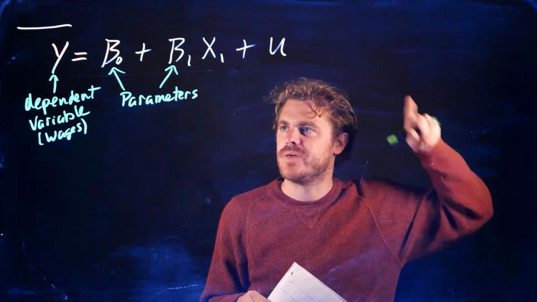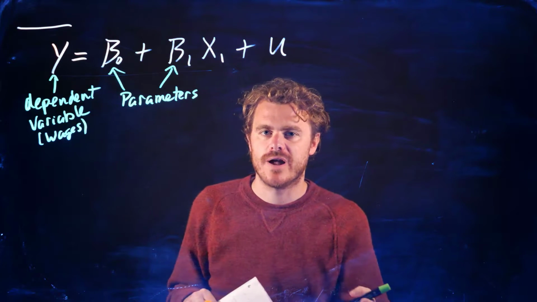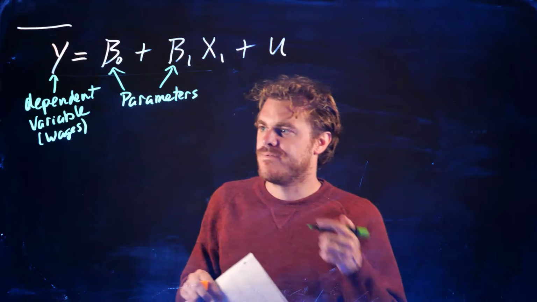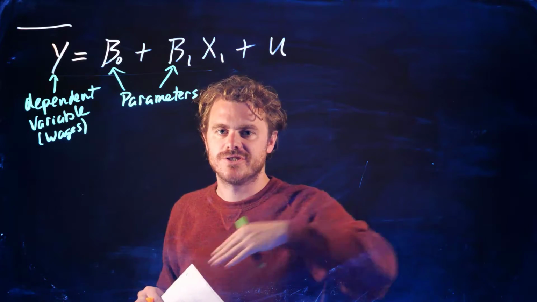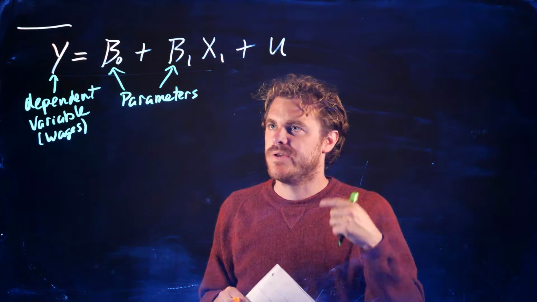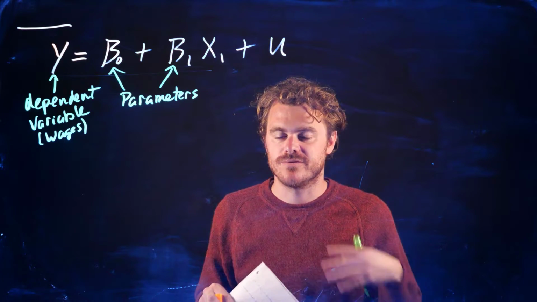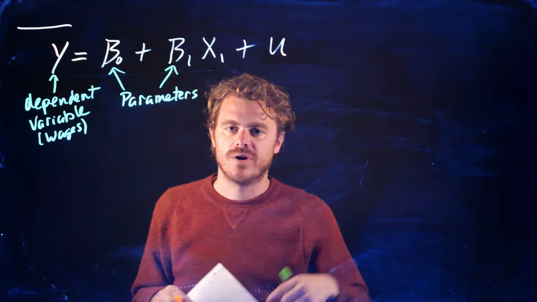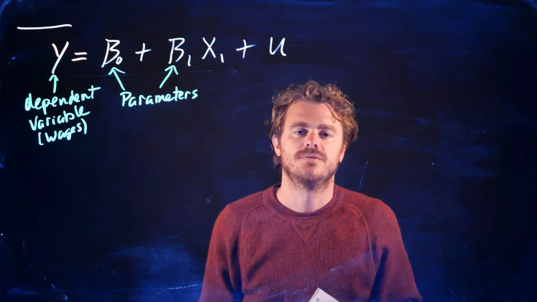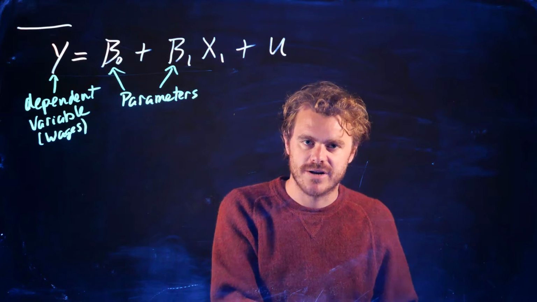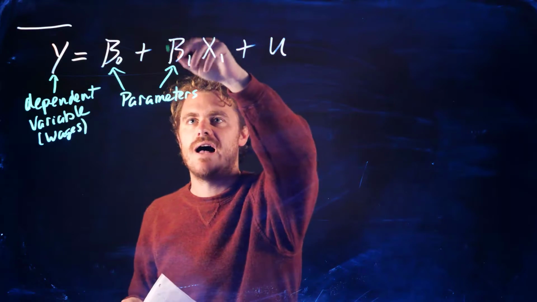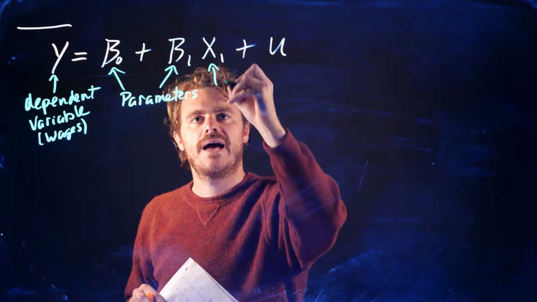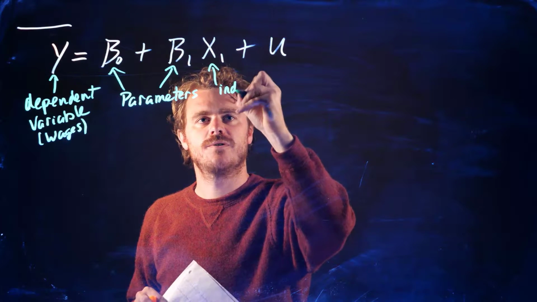Usually when we estimate something, we put a hat on them. These are things that are affecting the distribution of wages, just like we saw in that appendix. We want to learn about these parameters. We want to use the sample, use our estimator, to try to learn something about the value of these parameters. x1 is the independent variable.